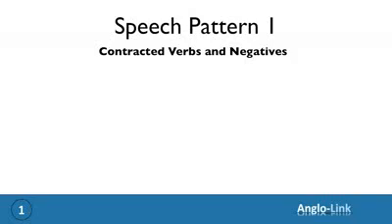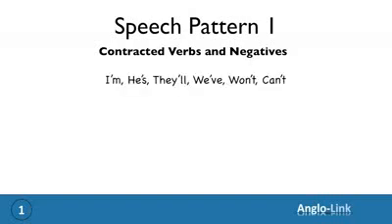Speech pattern number 1 is contractions, contracted verbs and negatives. You're pretty familiar with these. I'm, he's, they'll, we've, won't, can't, etc. What is important to remember is that native speakers always use these patterns when they speak, except when they want to stress a point.